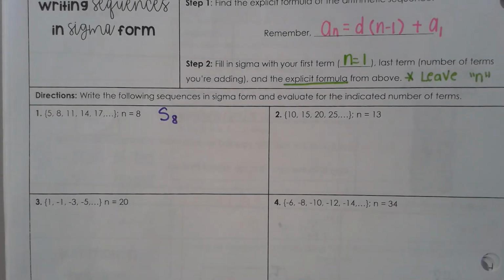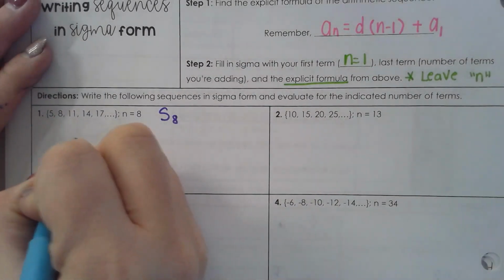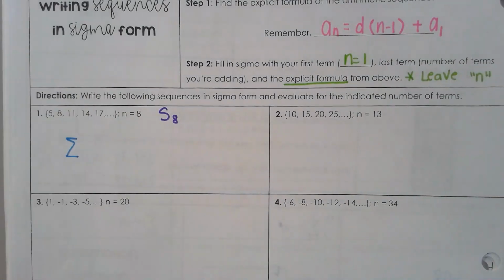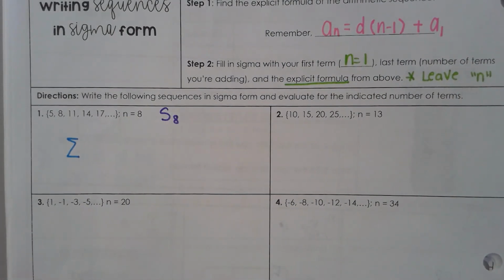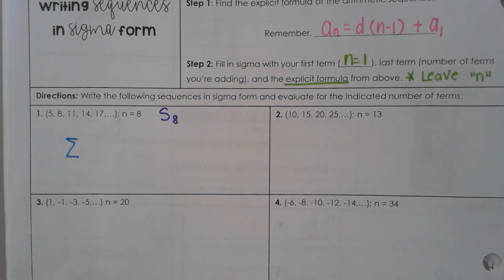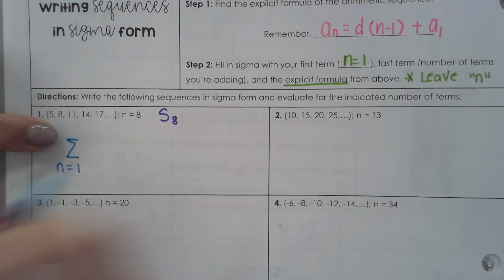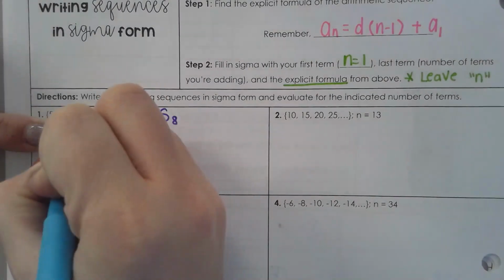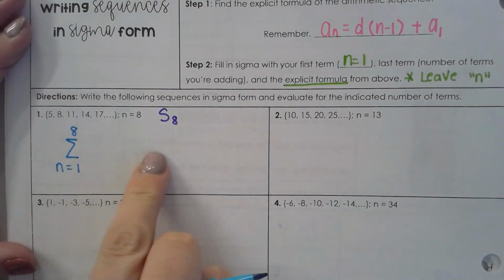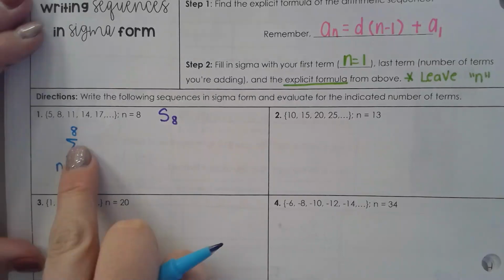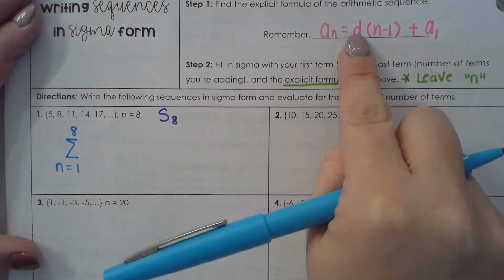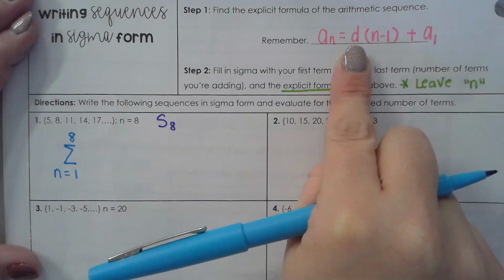So go ahead and draw in your sigma. What goes at the bottom? n equals 1. What goes to the top? 8. And then over here to the side, I'm going to write my formula. So it's coming from this formula up here.